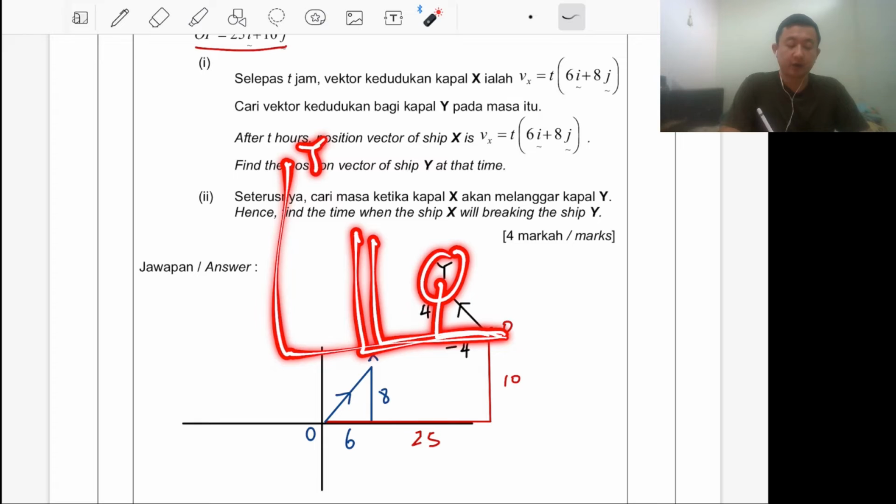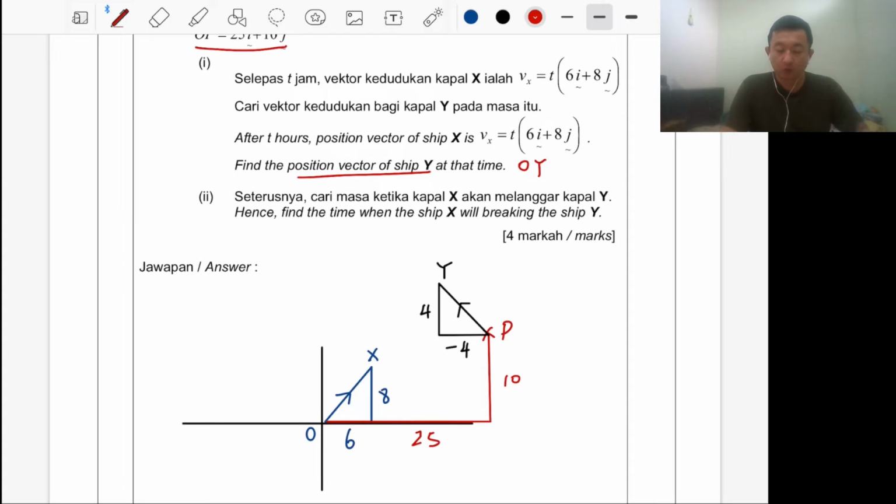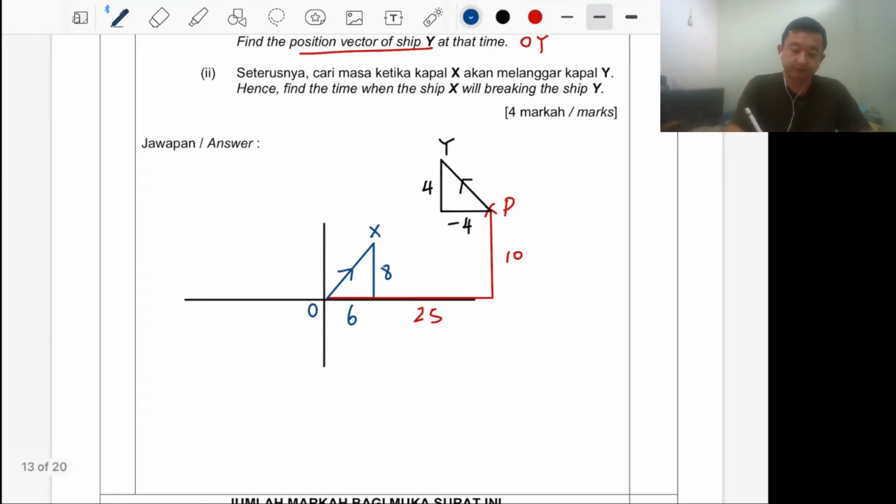It should be somewhere here. So you want to find the position vector. We are basically finding OY. Whatever you do with a position vector is compared with the origin. We're finding OY.